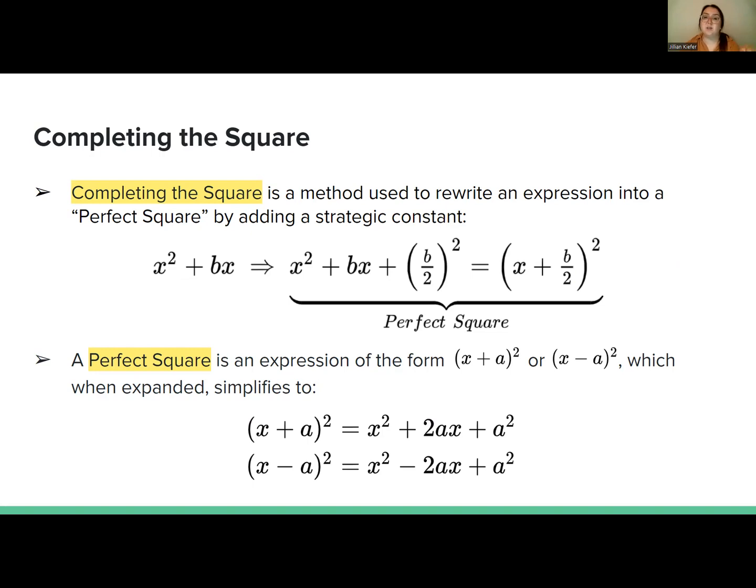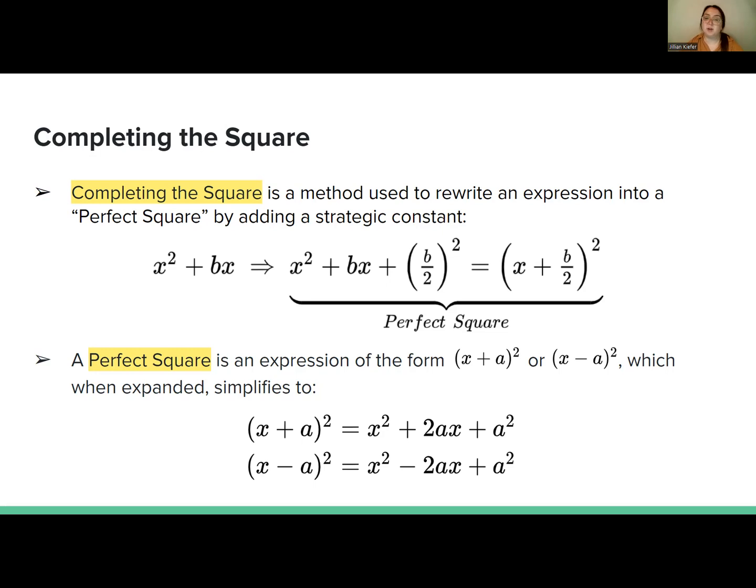So completing the square is going to be a skill that we need in order to actually find the equation of a circle in standard form. So completing the square, you may have seen this before. If you have not, then this will be new. But it is this idea that we take some equation and we turn it into this perfect square.